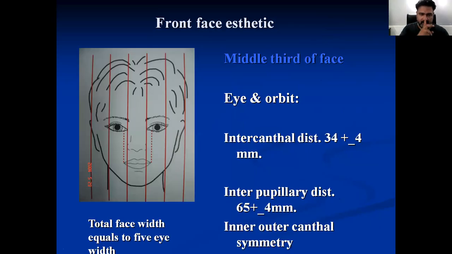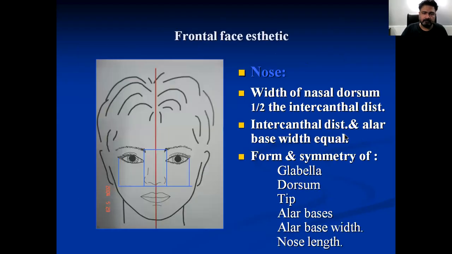Then the face is again divided from the intercanthal line. This is the intercanthal line, this is the outer canthus line, and this is the outline of the face.